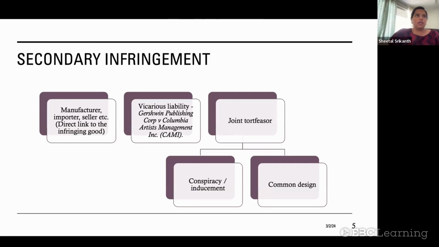So in a situation where, let us say, I am a taxi driver and I work for ABC taxi company, right? Now, while driving a car, I get into an accident because of my own negligence. Now, I am only an employee of the ABC taxi company.